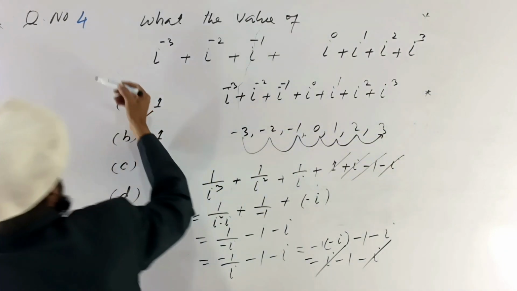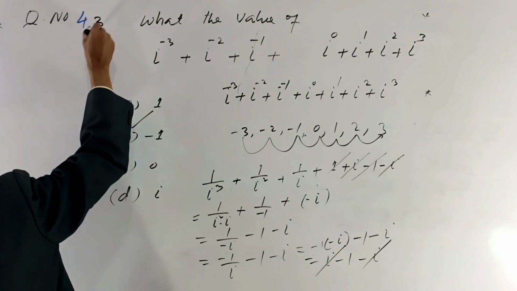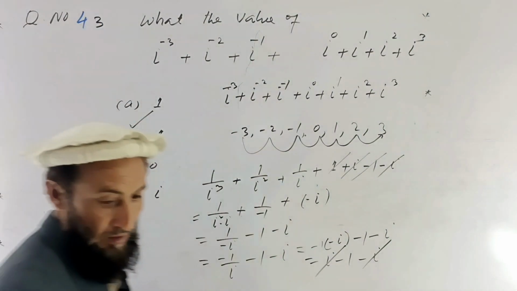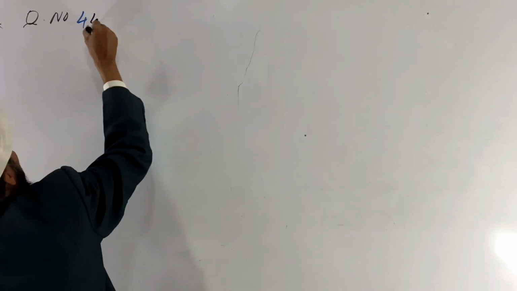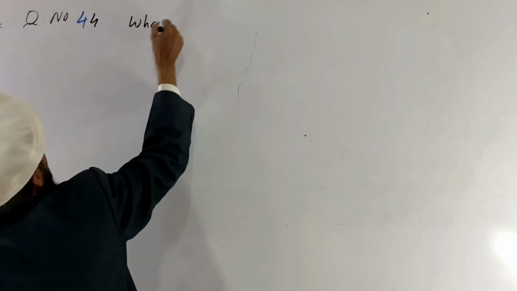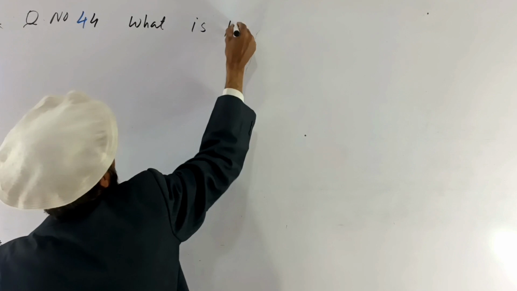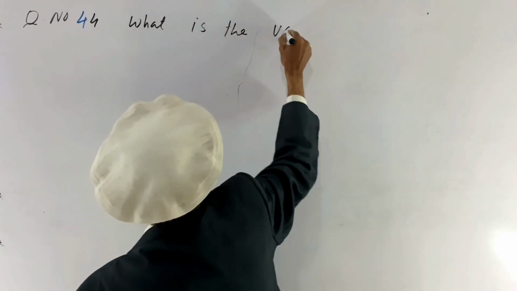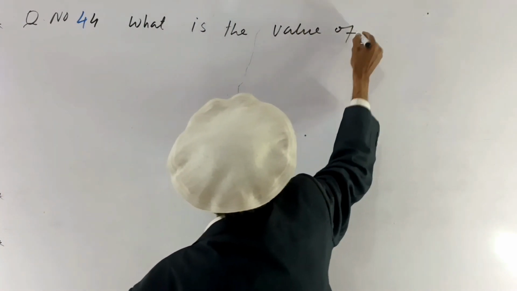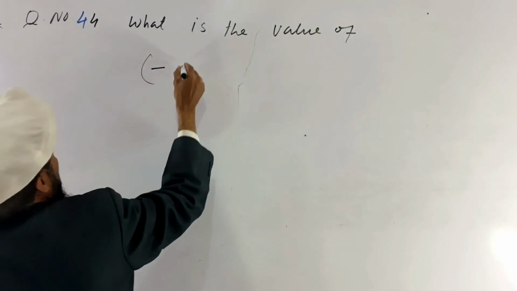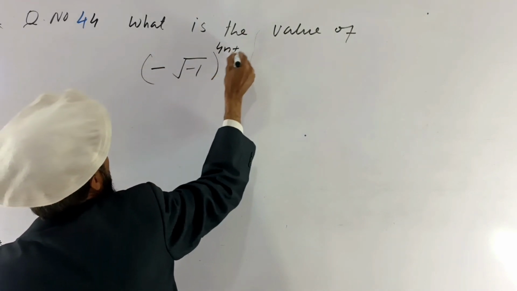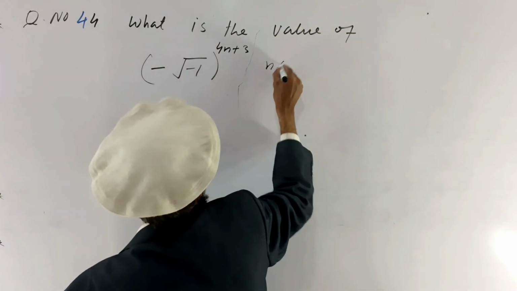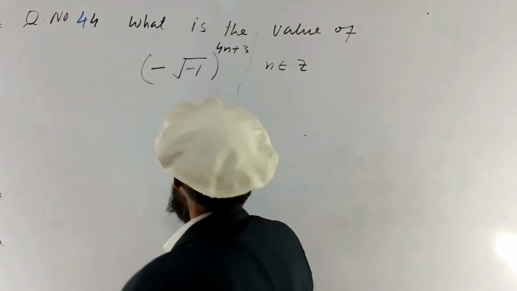Question is 43. Question number 44. What is the value of minus and minus 1 whole to power 4n plus 3? N belongs to Z of integers.